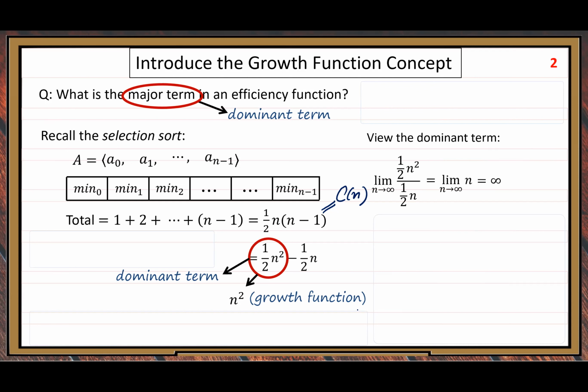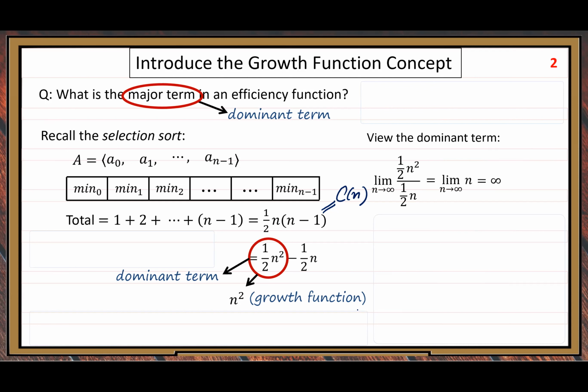After this definition, next we want to see how to use this concept. Now you understand the concept, but we want to know how to use it. We compare two growth functions.